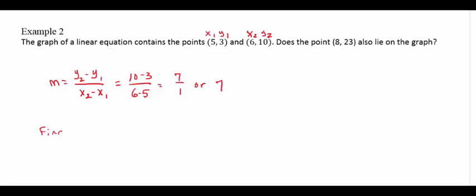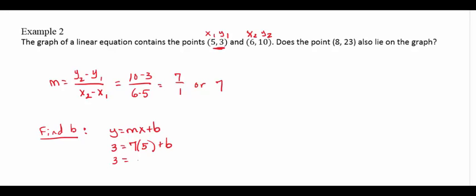So when I find b, my y-intercept, I'm going to use my y equals mx plus b equation. Let's choose one of the two ordered pairs given to us. They both are x, y. It does not matter which one we choose. I'm going to choose the first one. y is 3. We found m to be 7. And since I chose the first ordered pair, x has to be 5. And then it's plus b.